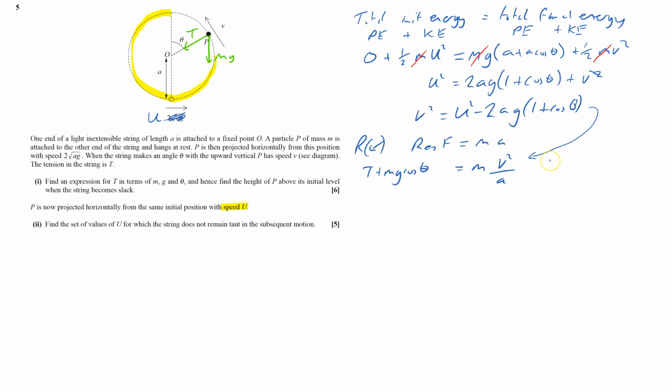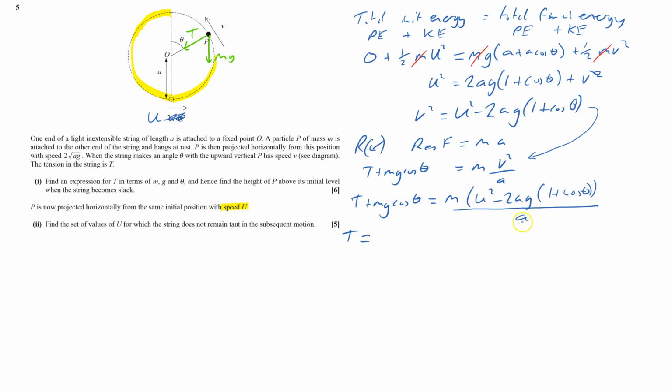That's what v squared is. So I get T plus mg cos theta equals m times u squared minus 2ag times 1 plus cos theta, all over a.